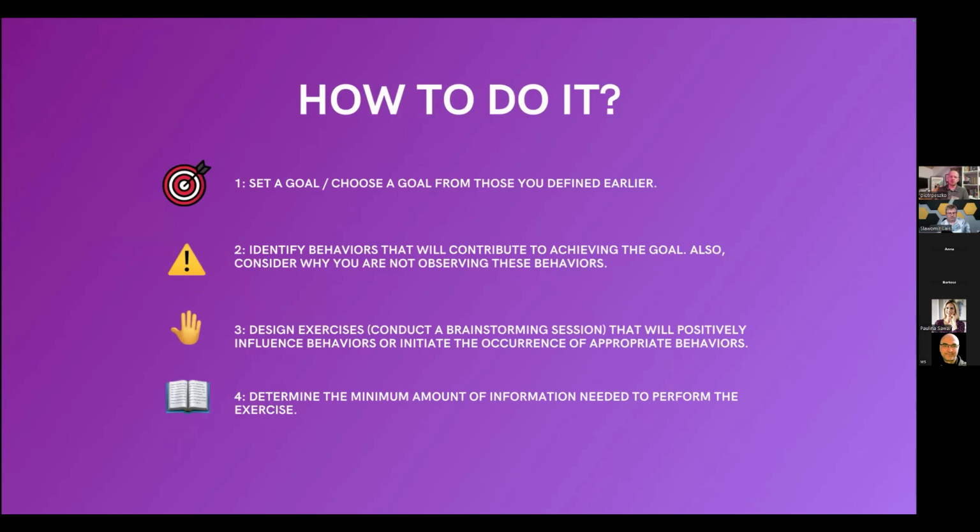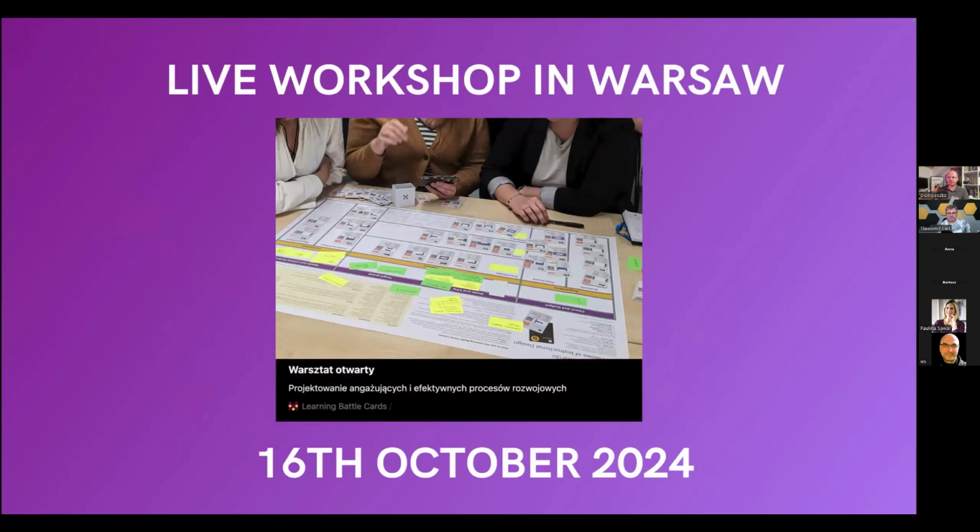So we do this by setting goals, identifying behaviors that contribute to achieving the goals, designing exercises, and once again, and I love this, determining the minimum amount of information needed to perform the exercise. Nothing more, not the whole book, maybe one paragraph that will help for this particular exercise. Okay, that's it from my perspective.